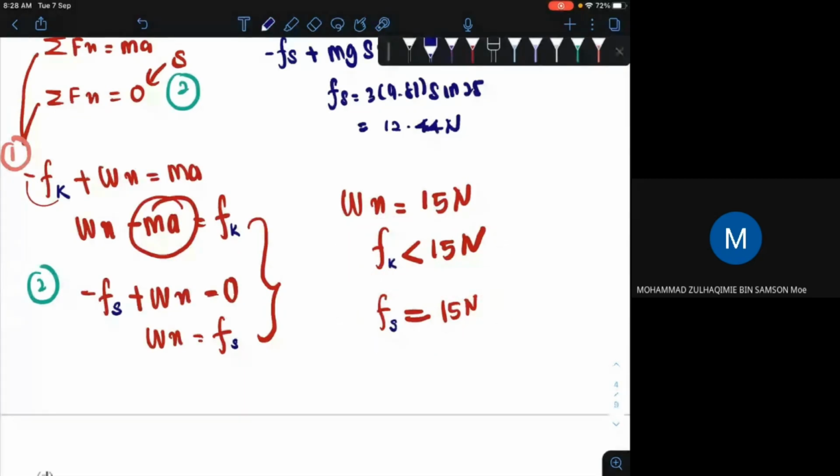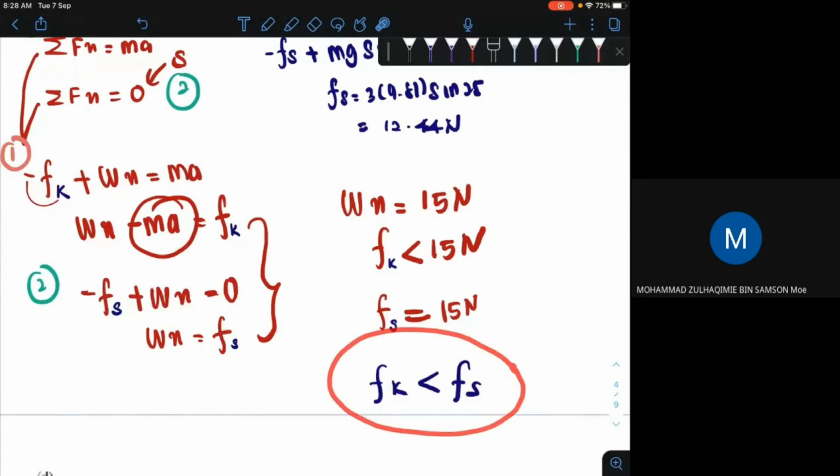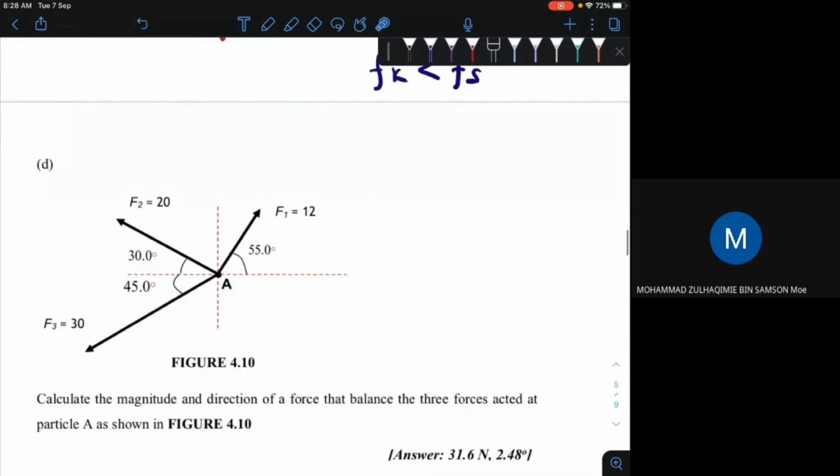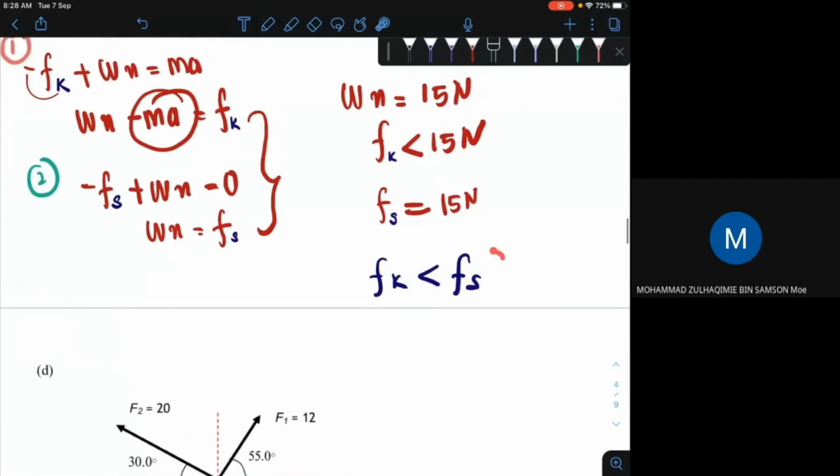Kalau kamu berbalik kepada nota kamu, nota yang saya bagi chapter 4, saya ada tulis Fk kamu sentiasa kecil daripada Fs. Fk memang akan kecil daripada Fs. Kenapa adalah sebab static friction awak perlukan lebih banyak force untuk make sure dia tidak bergerak. Awak nak cuba halang dia bergerak terus. Alright. Okay, ni awak boleh tengok balik dekat nota lah. Akan ada this term.